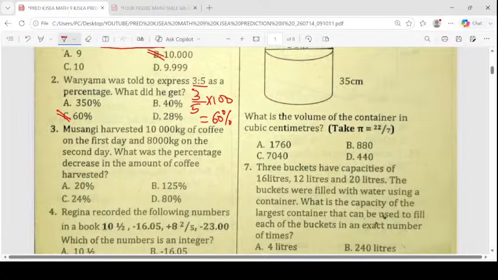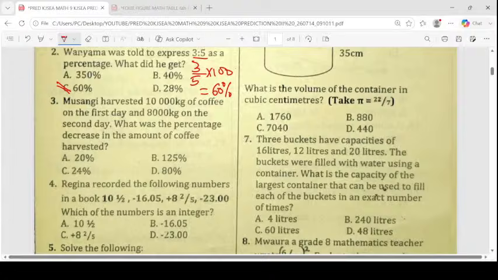Let's look at question number 3. It says Musangi harvested 10,000 kilograms of coffee on the first day and 8,000 kilograms on the second day. What was the percentage decrease in the amount of coffee harvested?